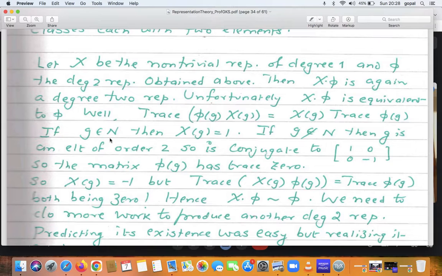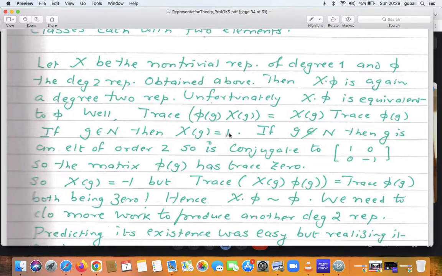Suppose, for example, g is in the normal subgroup. Because chi is a non-trivial representation, it will send all the elements of the normal subgroup to 1 and all the elements outside the normal subgroup to -1.